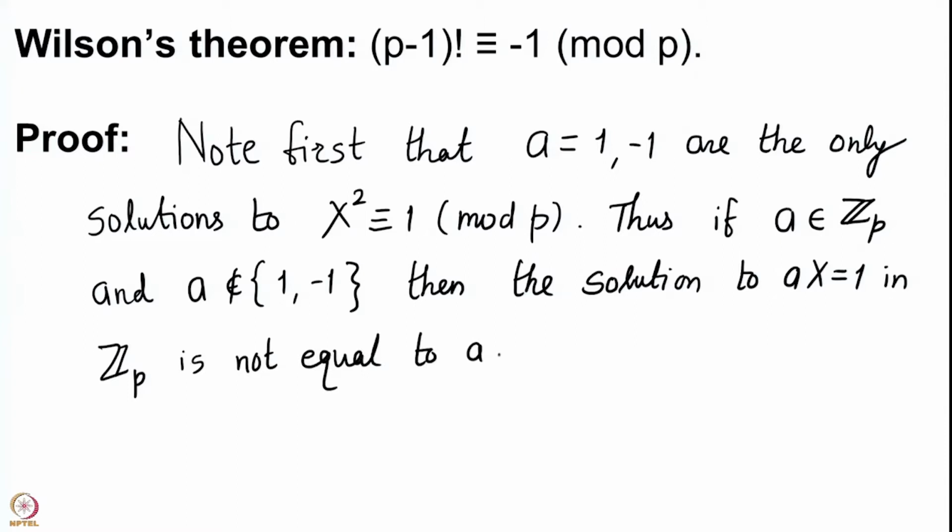Let us think about this statement again. We start with a non-zero element in Z_p. So, we are looking at elements 1, 2, 3, 4 all the way up to p minus 1. We fix one A from this set and we pose this question: what is the solution to Ax equal to 1?